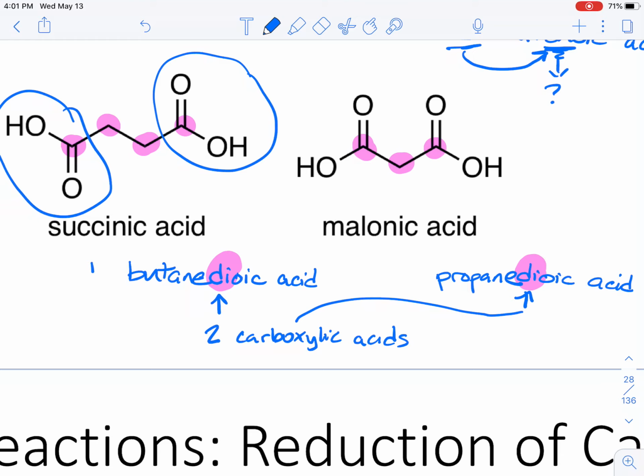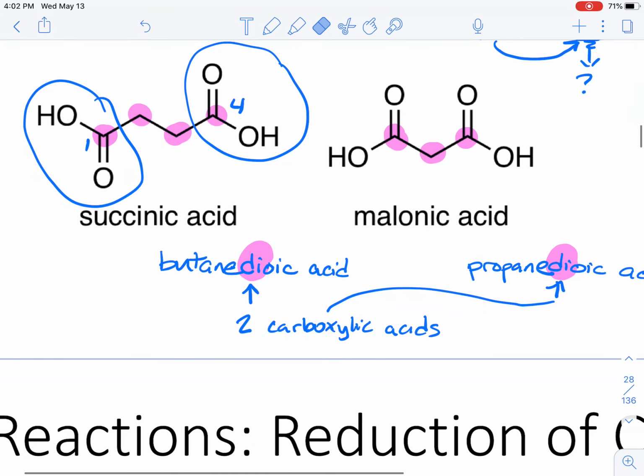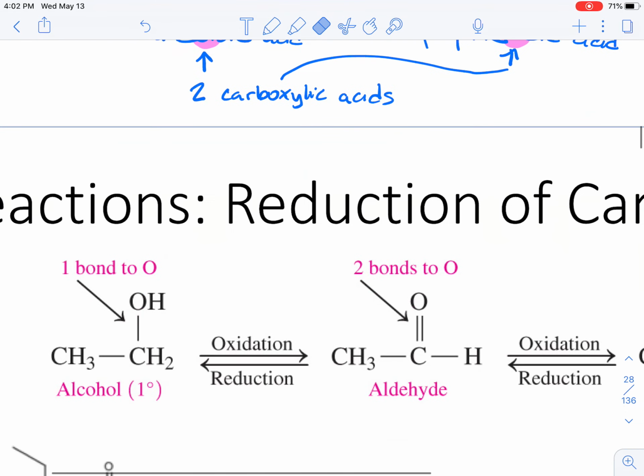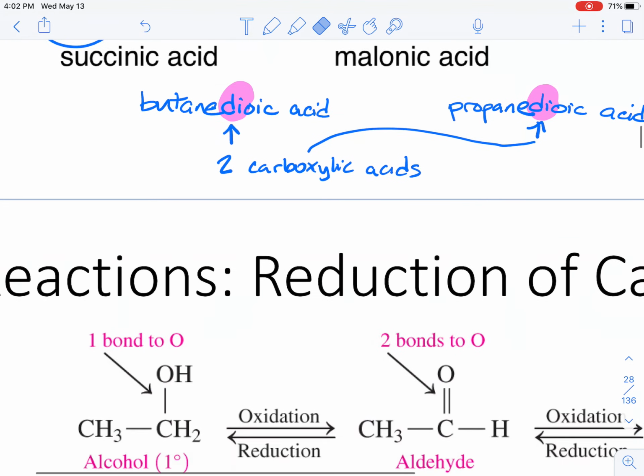If you wanted to, you can put in 1,4-butanedioic acid to communicate to the reader that the carboxylic acid is found on carbon 1 and carbon 4. In this case, it's really unnecessary because we know that the carboxylic acids are going to be found terminal on the parent chain. All right, so that's pretty much it in terms of naming carboxylic acids.